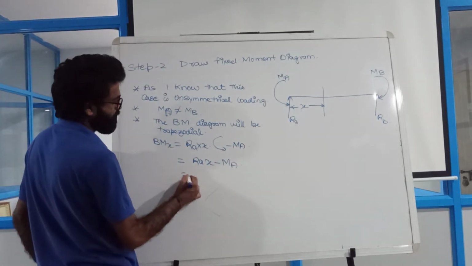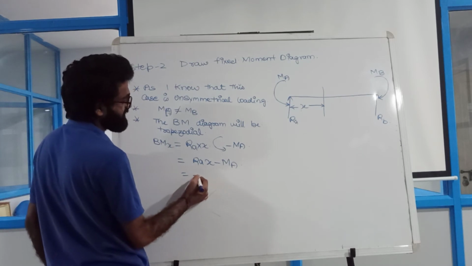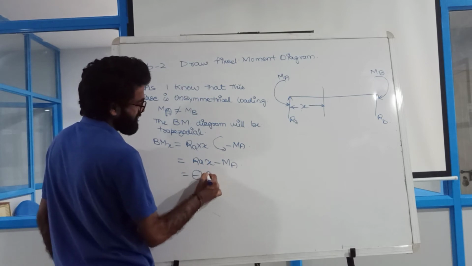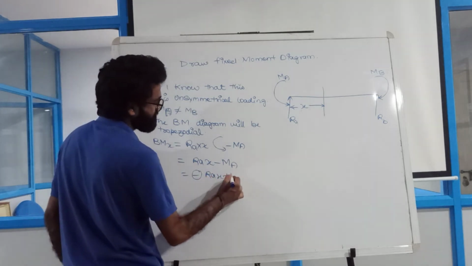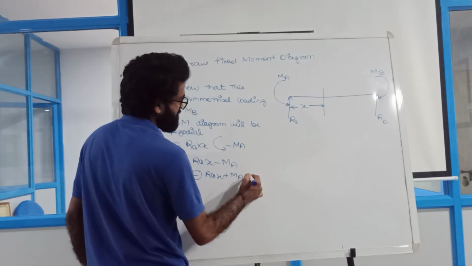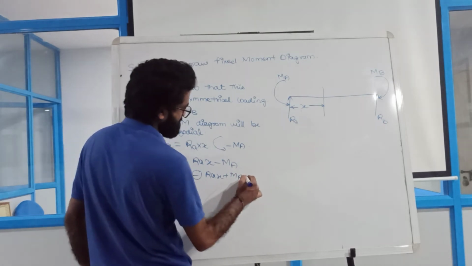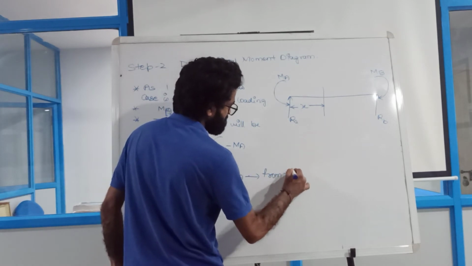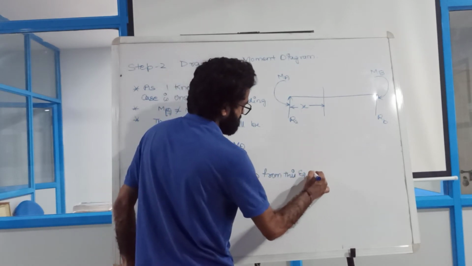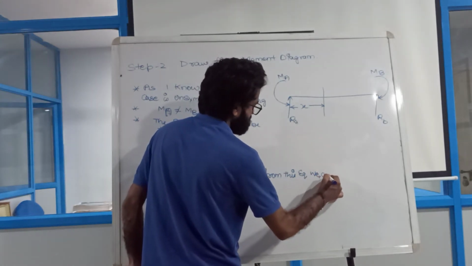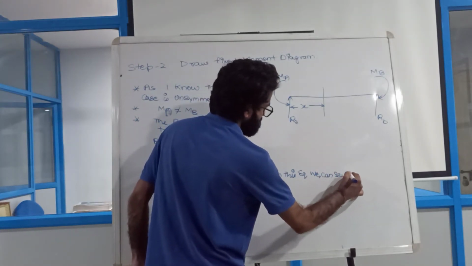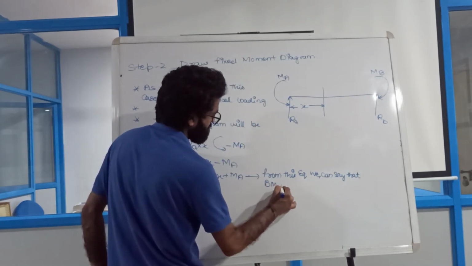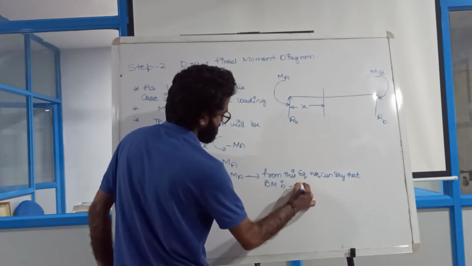And if I take common, then this all value will become negative over here. From this equation we can say that the bending moment is negative.